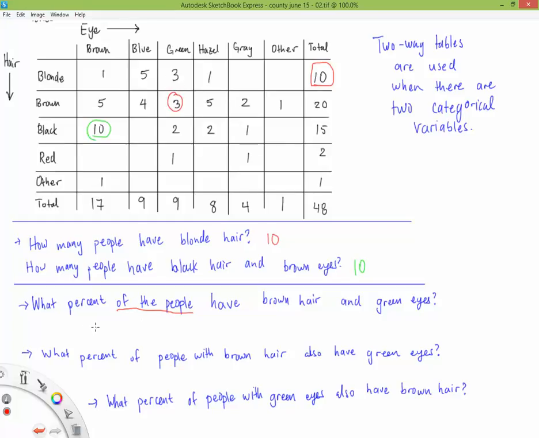And so here we're going to do 3 out of 48. We're going to turn this into a fraction, and we do 3 divided by 48, and we get 0.0625, if I can do my math correctly, and so that'd be 6.25%.